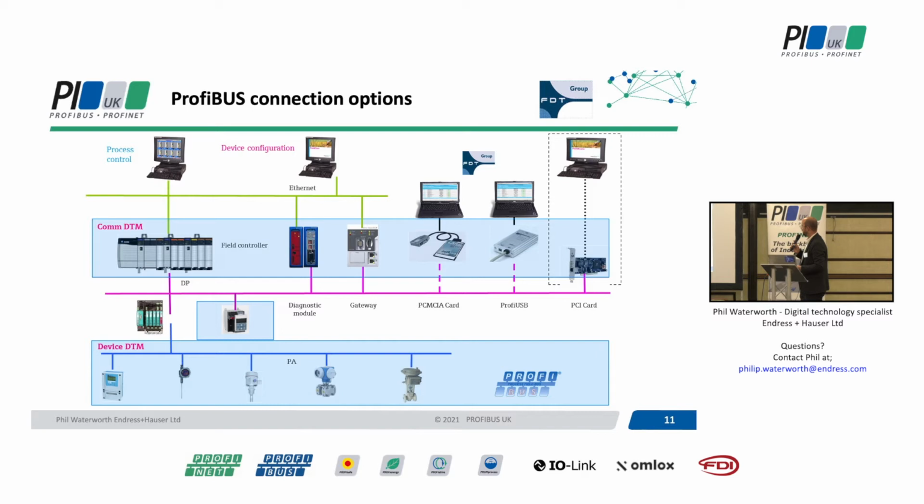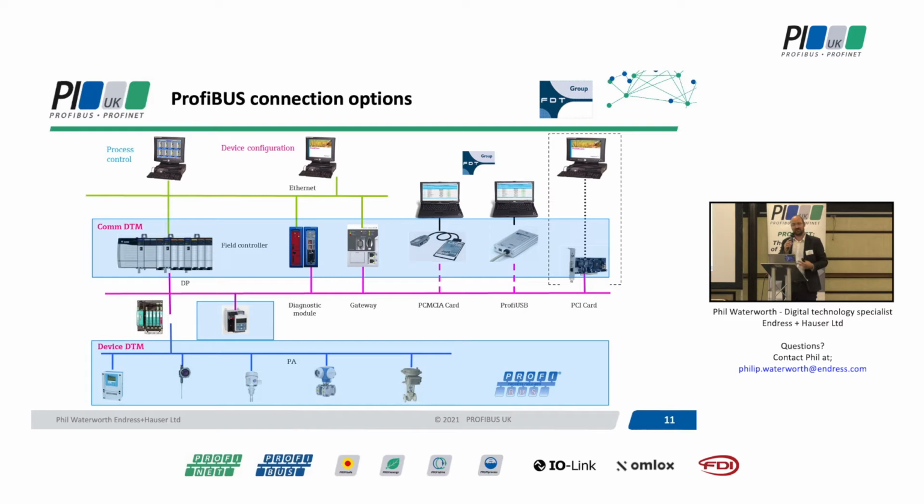For Profibus, you can see here examples of devices you might have communication DTMs for. Perhaps you want to talk directly through a field controller, a PLC type device, or some sort of Ethernet gateway. Sometimes engineers want to use these tools on a laptop and connect directly to networks.